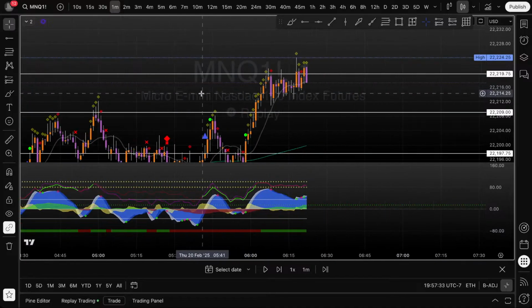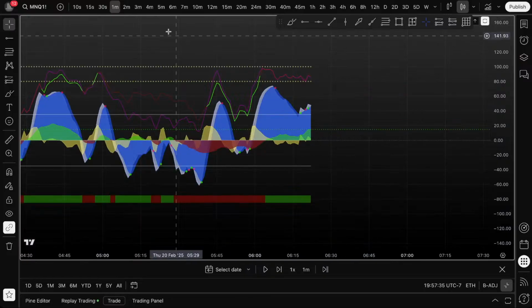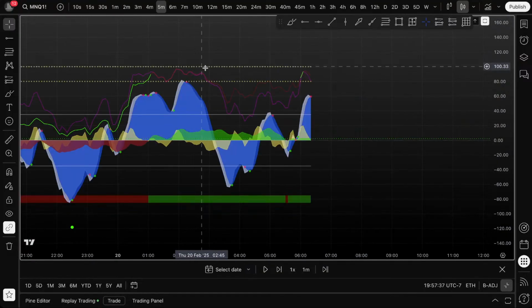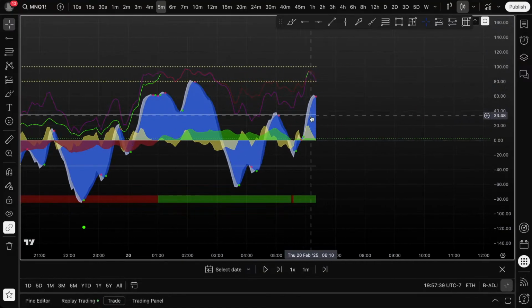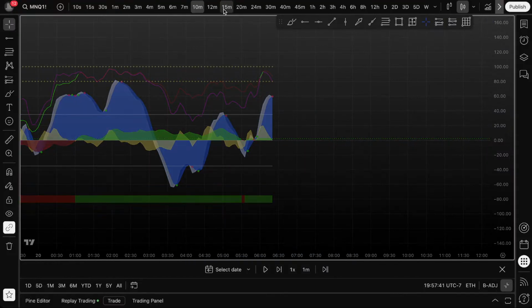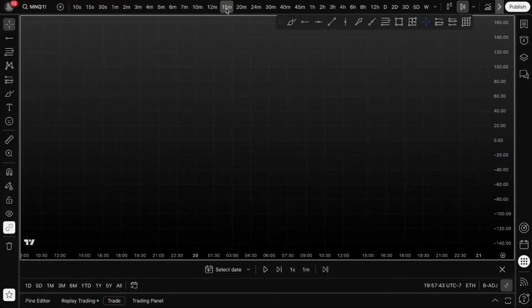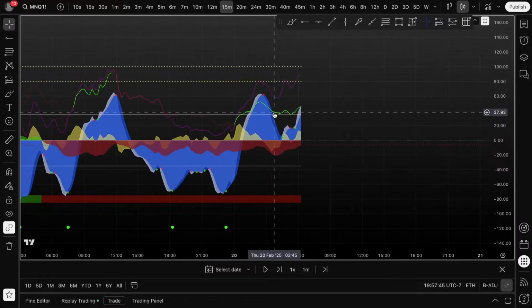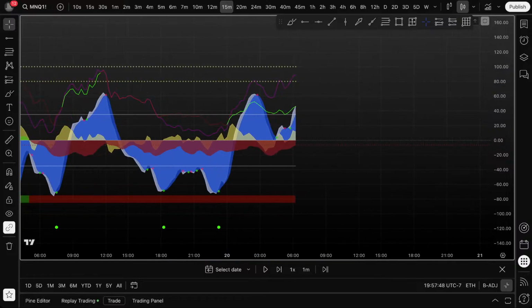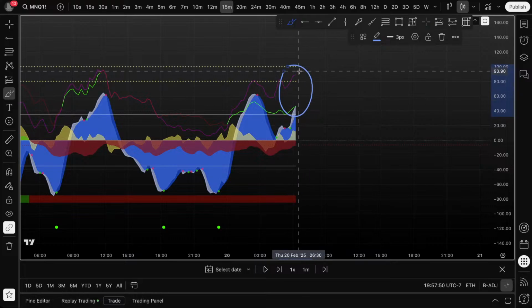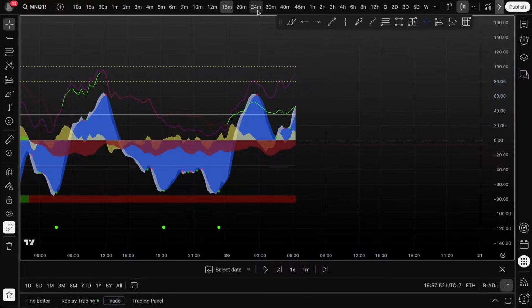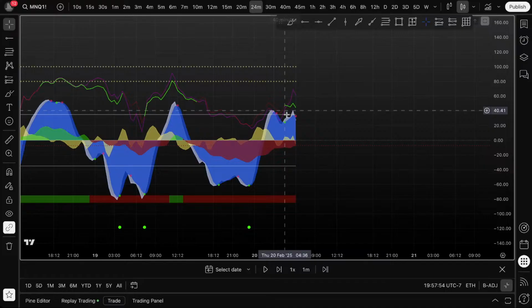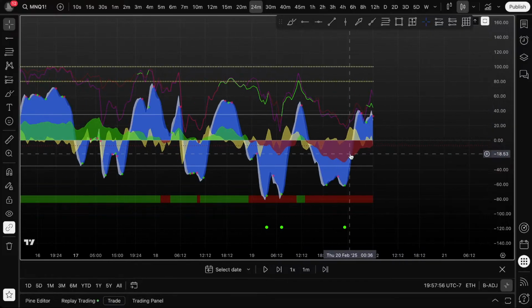Having a little trouble. She's having a little trouble. Looks like a short. Lots of separation on the 15. $24.